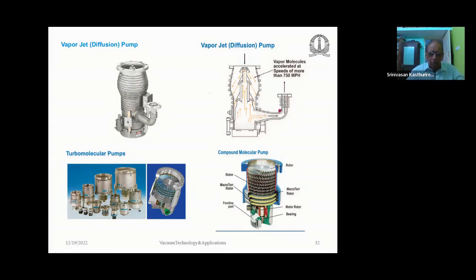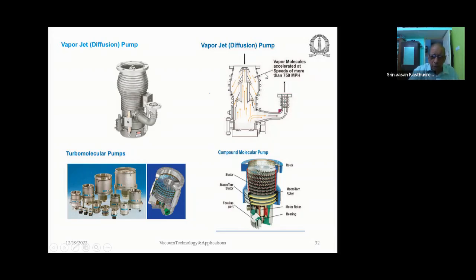Vapor molecules are going downwards at highly accelerated speeds. During the process, it pulls all the gas molecules which are just at the top. So whatever gas molecules are at the top of this diffusion pump, they are all gradually pulled downwards and then they come down here.